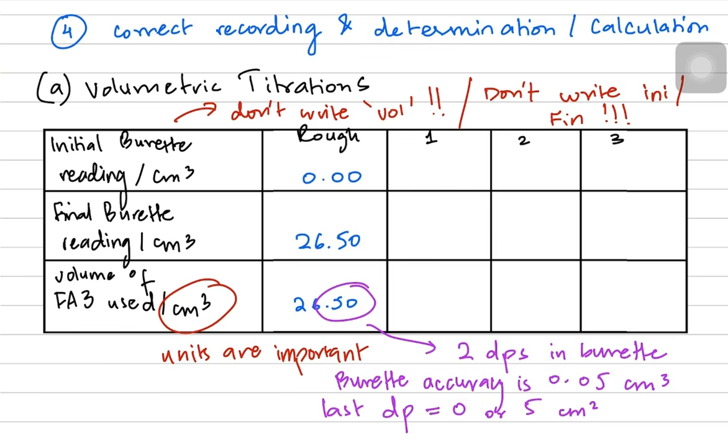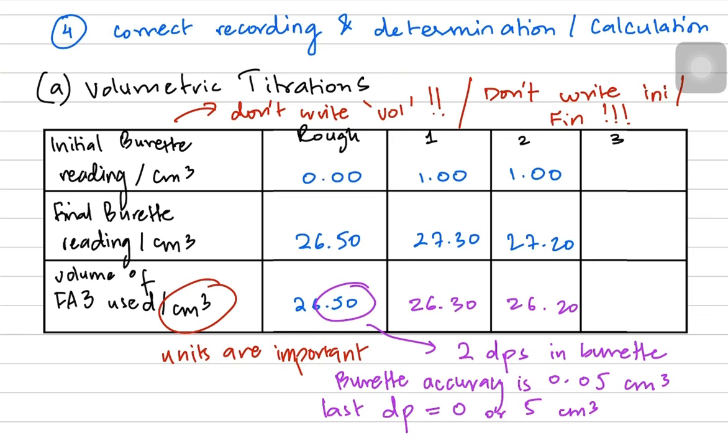So your last decimal place is equal to 0 or 5. Even if you miss the 2 decimal places once, you get penalized again. Then for the other titrations, for example, the first correct titration and the second correct titration, your values are written. For example, these are hypothetical values.